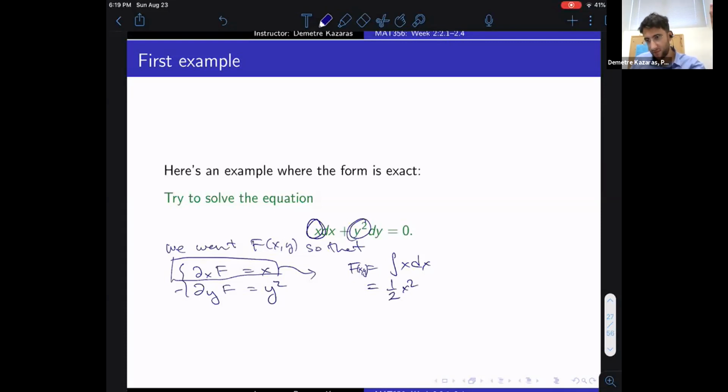Now, you've got to remember, I'm integrating a function of two variables with respect to x. So a constant is just a constant in x. It could depend on y. I'll call this constant phi. It might be a function of y. So this is constant in x from integration.